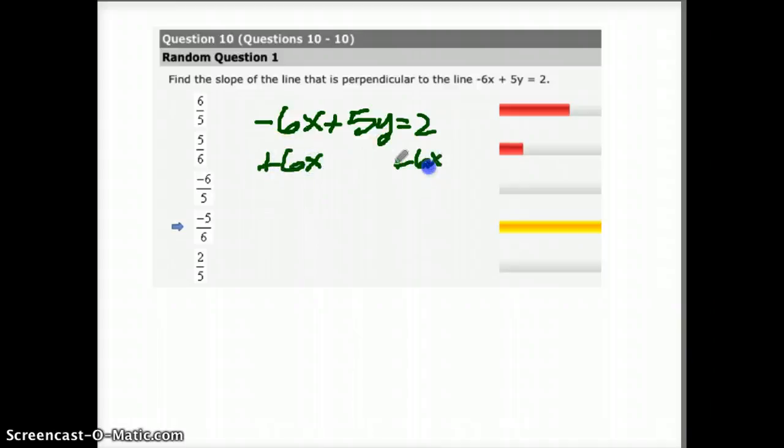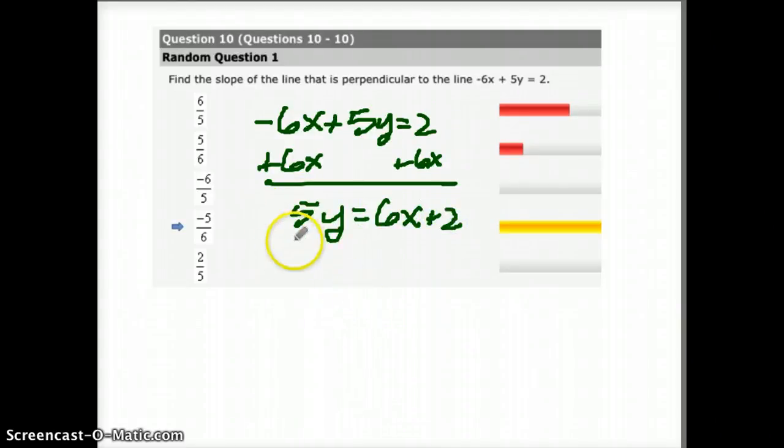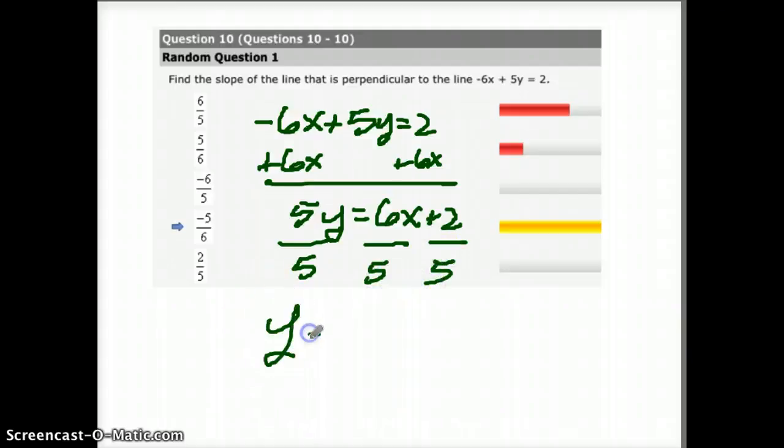Sometimes I skip steps in my equations and I sort of apologize. Okay, 6x plus 2. Now, we're going to have to divide everything by 5. So y is equal to 6 over 5x plus 2/5. We don't really need that part.